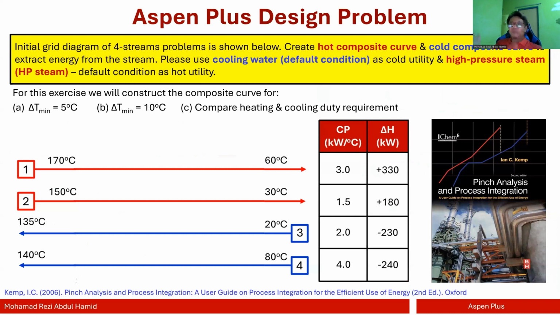All right, moving on. So what is our design problem? It's quite simple. In the figure, we have four streams in a grid diagram: two hot streams and two cold streams. One needs to be cooled down from 170 to 60, and one needs to be cooled down from 150 to 30.